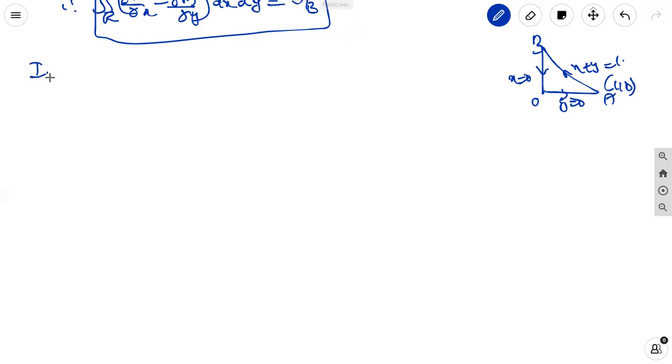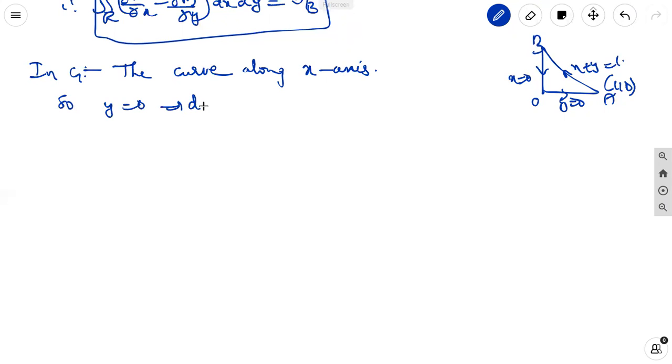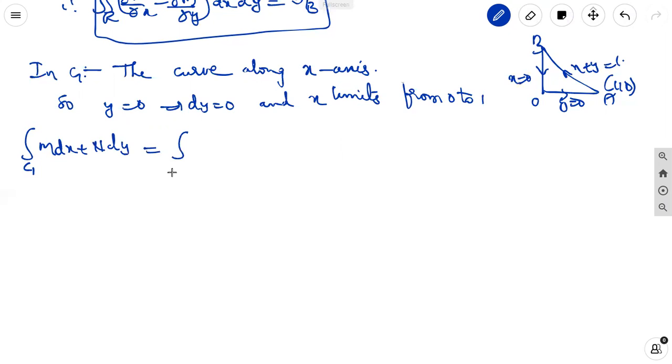So, case 1, in C1, the curve is along the x-axis, so y equals 0, from this dy equals 0, and x limits from 0 to 1.